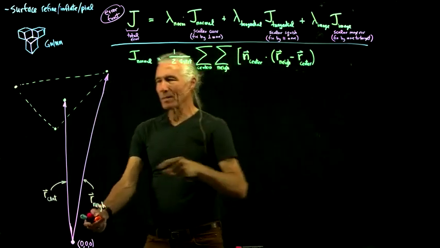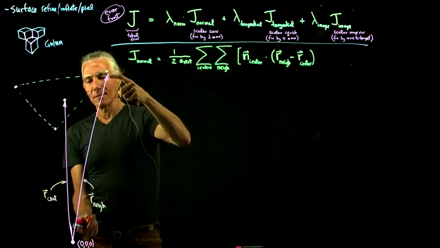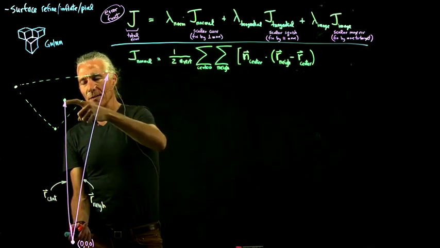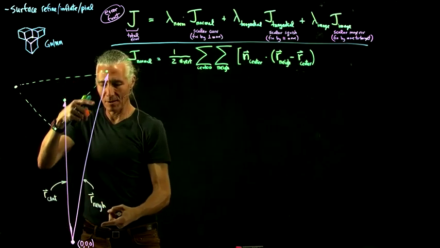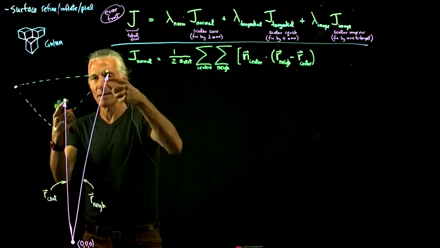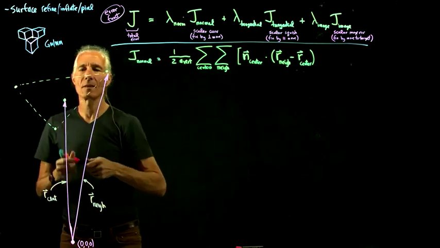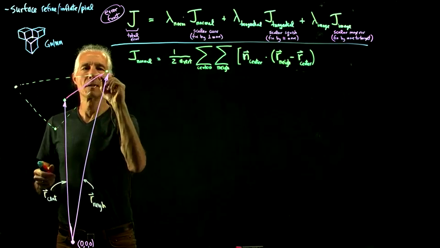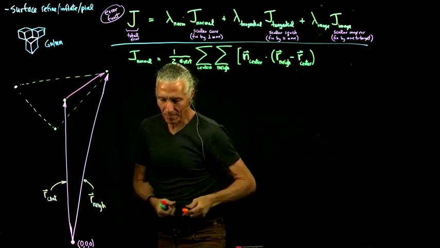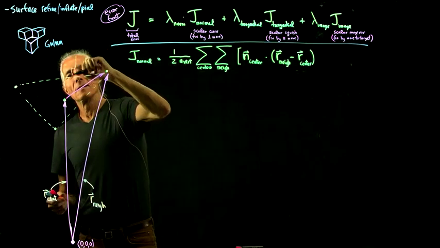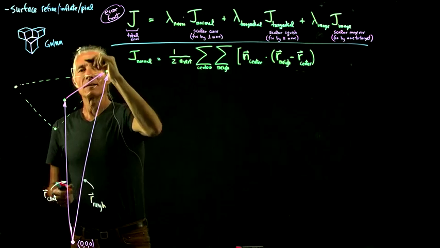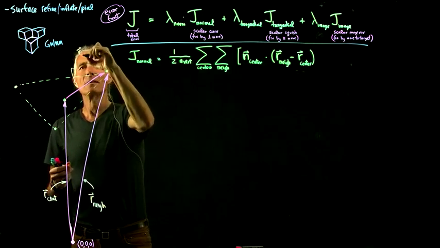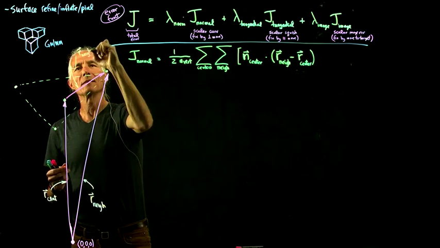If you start with the neighbor vector and then subtract off the center vector, that means reverse the center vector and stick it tip to tail. You'll come down to here and you'll get this vector here. And so that guy is neighbor vector minus center vector.